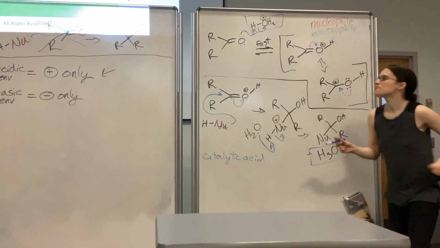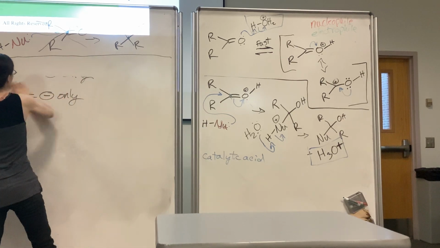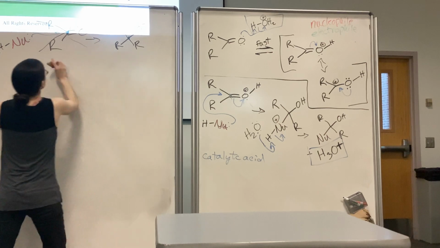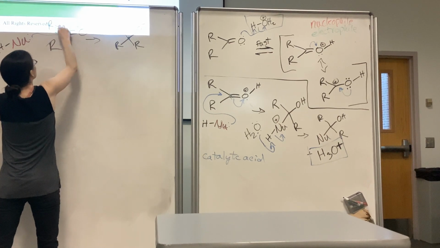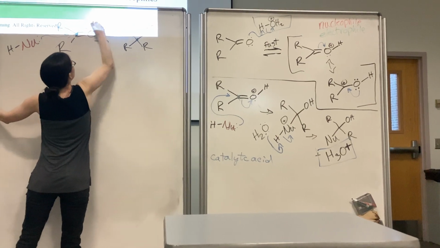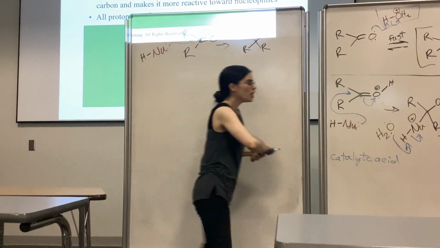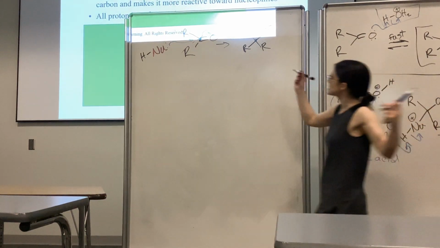Which, by the way, on your exams, just so you know, it is entirely valid to do this, as long as you're nice and clear about what you're doing. You can go, oh no, that's not what I wanted, obviously. I know that this has to be in an acidic environment.